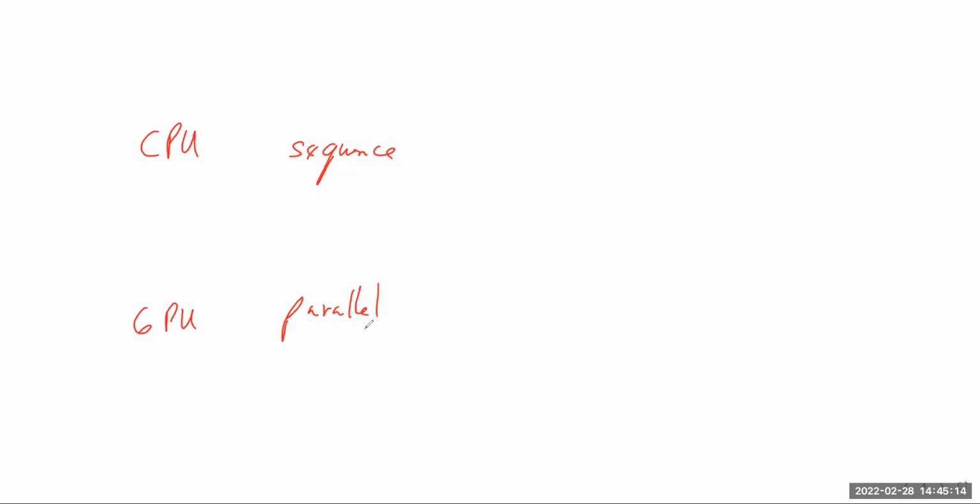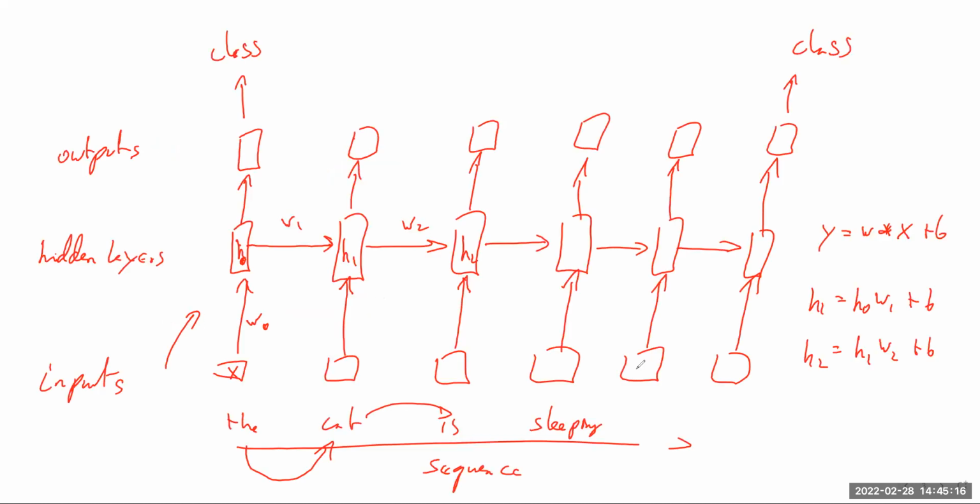So the problem with RNNs in a GPU is that you cannot really parallelize them very well because you have to wait for this to process before you can process this one. And then once this processes, you can go to this one, then that one, then that one, then that one. But they don't parallelize very well, okay?